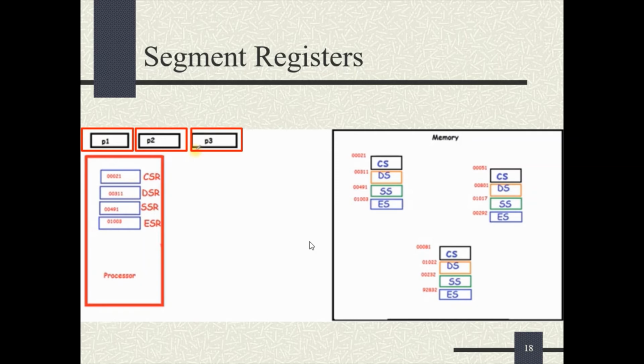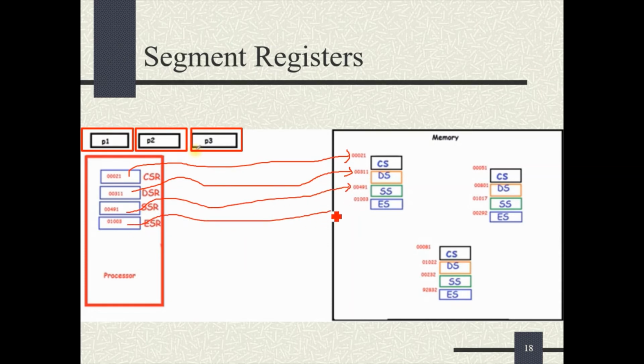Each process has been divided into 4 segments and each segment has its own starting address in the memory. Whenever a process is loaded into the processor, its starting addresses would automatically be loaded into the segment registers.